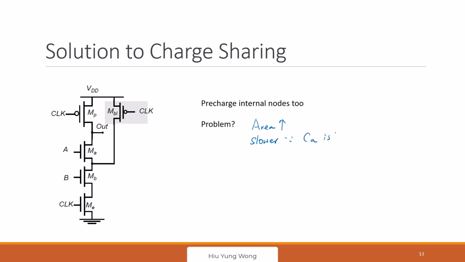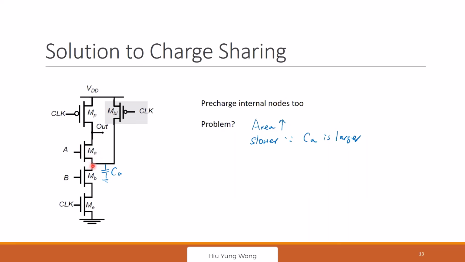CA is larger. Can someone tell me why CA is larger now? This is CA. Because we are increasing the size of the NMOS transistor. NMOS will still be the same size.